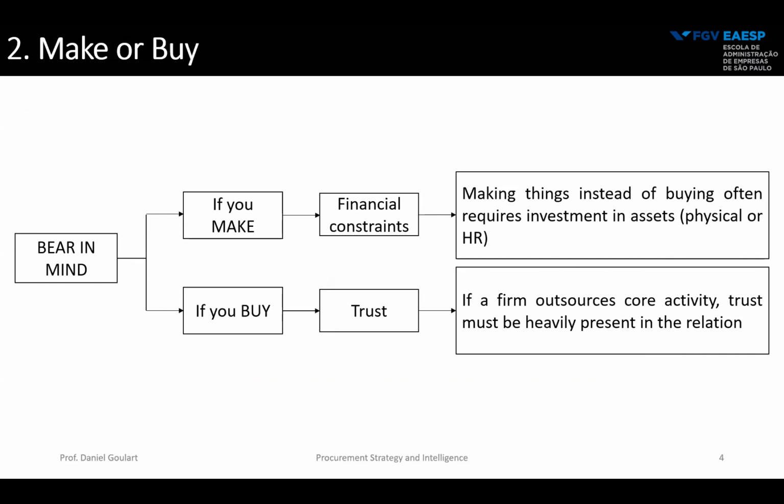So we need to bear in mind, when we have a decision of making or buying, some aspects that I've mentioned already, but I would like to put more systematization on this explanation. If we decide to make, what's the main concern that we need to have?